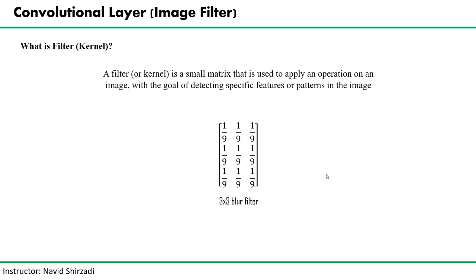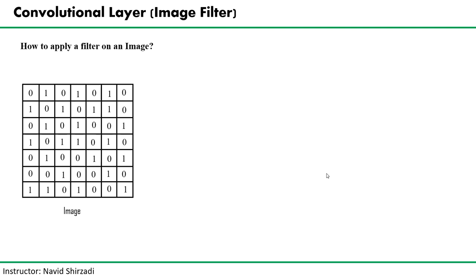Let's go a little bit deeper into that part. Let's say we have an image like this. You may say, in the previous tutorial you said the value of each pixel is something between 0 and 255. Why do we have only 0 and 1? That's because we normalize the pixel values to the range of 0 and 1.